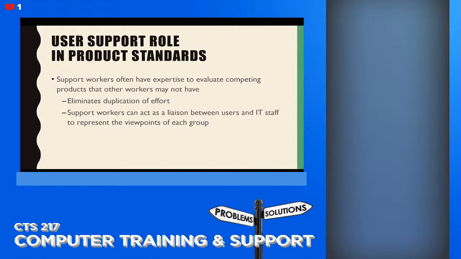And so as a result, what we see is you, as the tech support agent, being the subject matter expert, or just the expert in general in terms of the technology related areas. And this extends into here when we're looking at product standards for product evaluation. You, as the subject matter expert, have the expertise to evaluate the products that are related to your area.